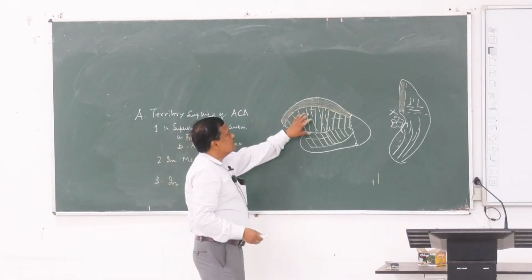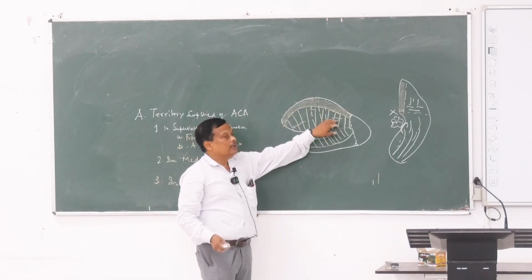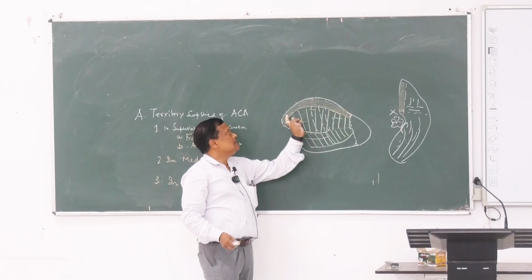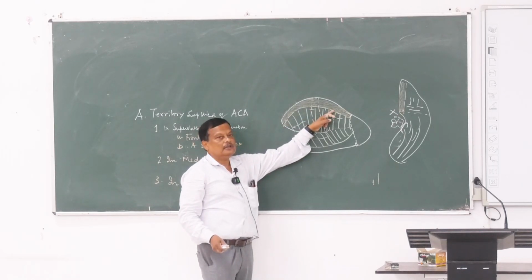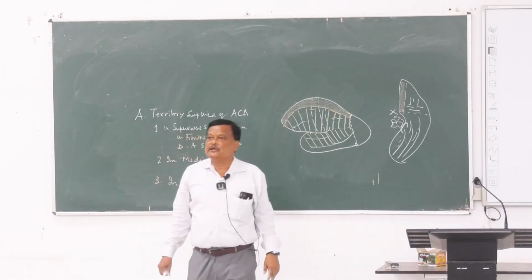The superolateral surface of the frontal and parietal lobe, except a strip of cortex supplied by the anterior cerebral artery, is supplied by the middle cerebral artery.